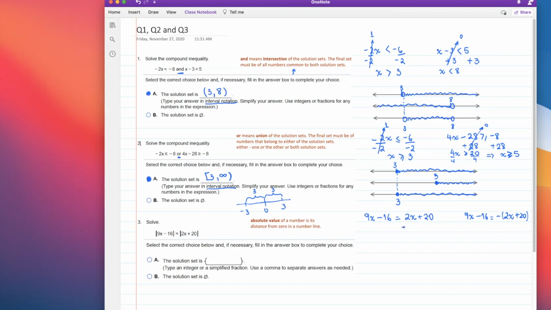So first I'm gonna get rid of this term here to the right side and bring it to the left. So now I have 7x here, and this disappears. Equal 20. Now I get rid of the number from the left by adding 16. Now this term is gone, and my 7x is by itself on the left side, and now I have a 36 here.